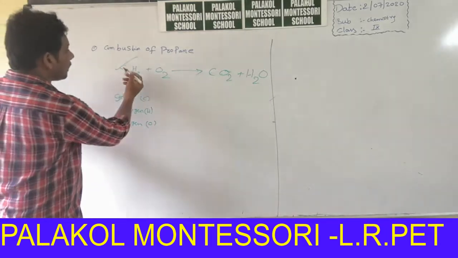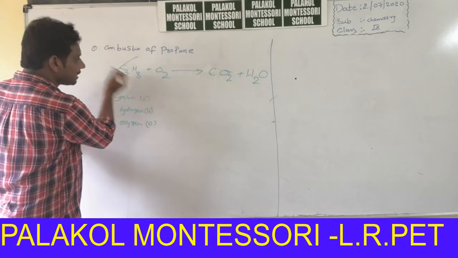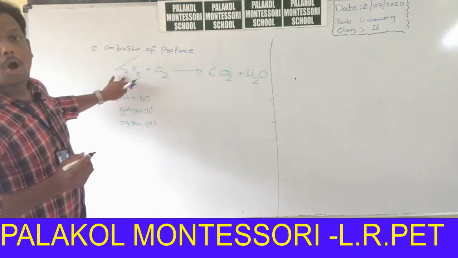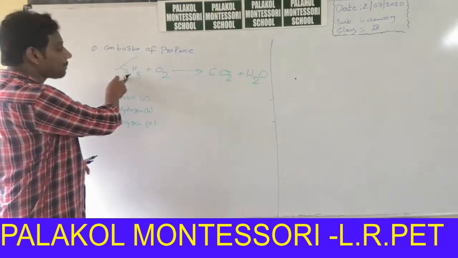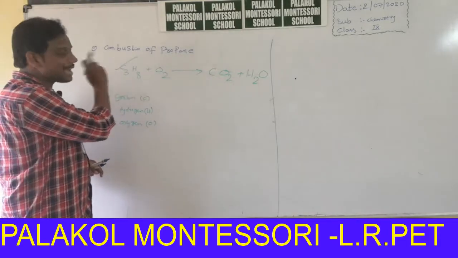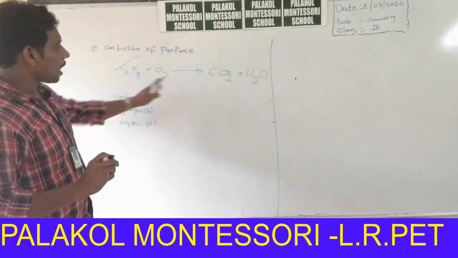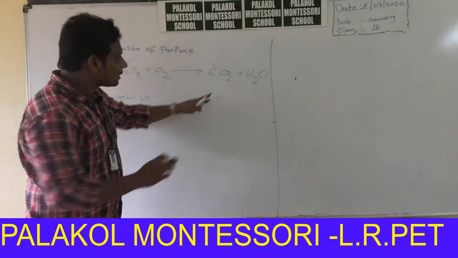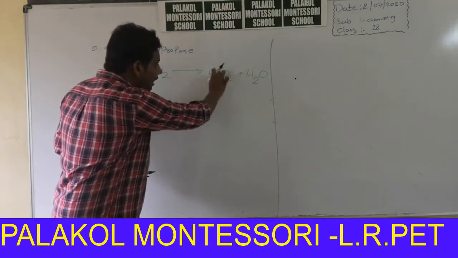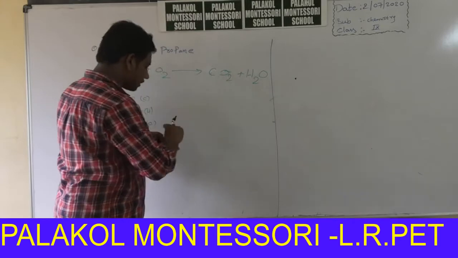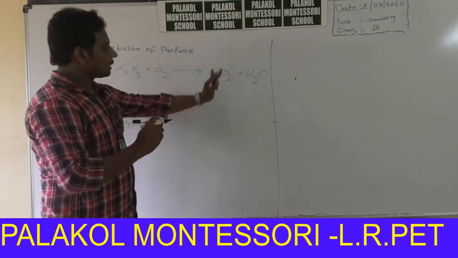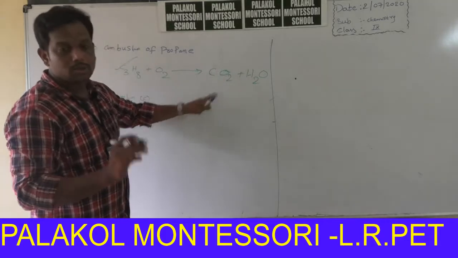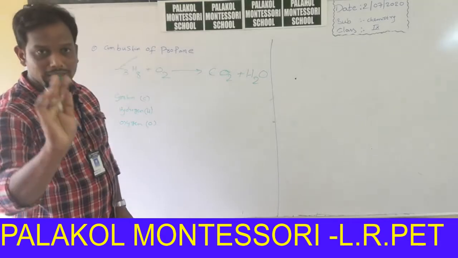Here, how many carbon atoms are there? On the left hand side, 3. How can we decide? Based upon the subscript: C3H8 means 3 carbon atoms. On the right hand side, only look at C. It has subscript 1, so the number of carbon atoms on the right hand side is 1.